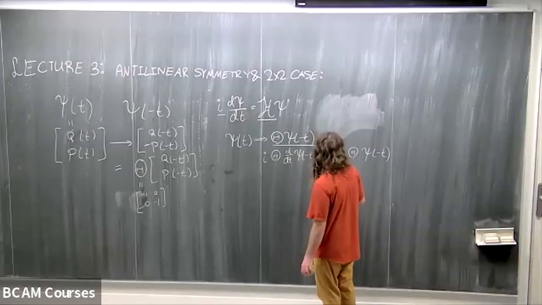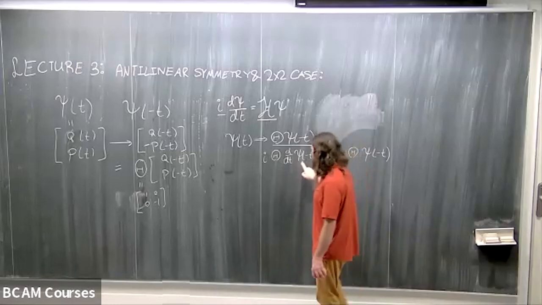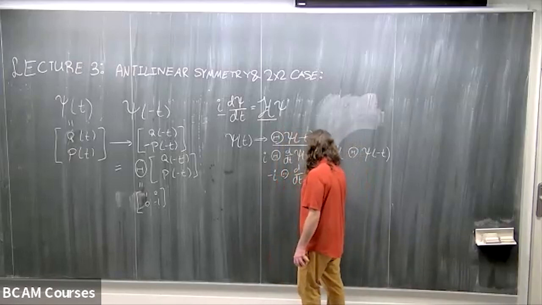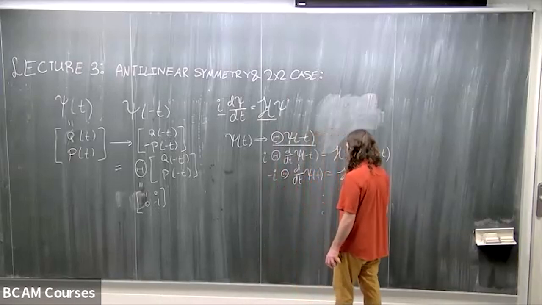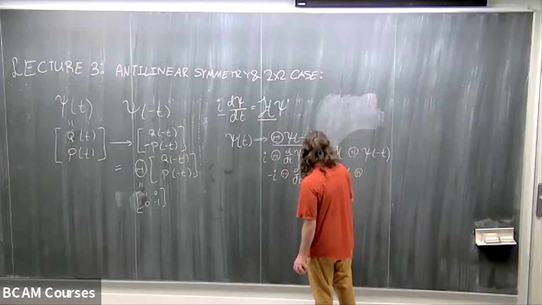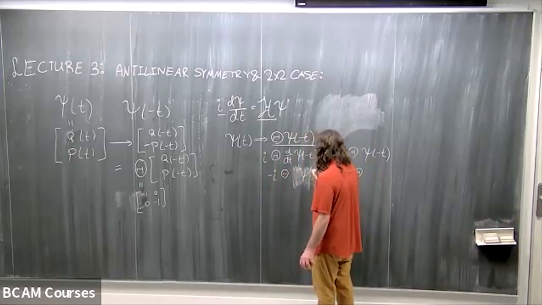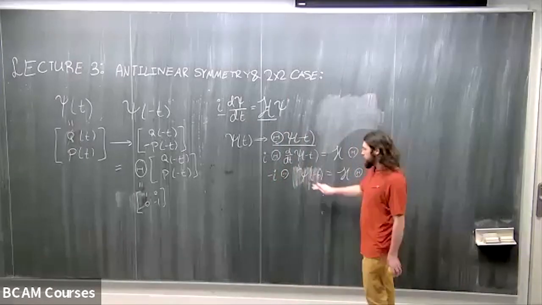Let's see. So then this time derivative will pick up a minus sign from the argument of psi. But let me call this psi prime now so that I don't get too confused. So psi prime being the normal derivative of the original solution.